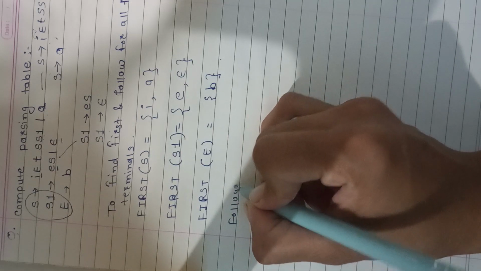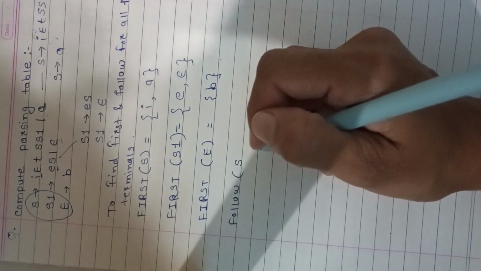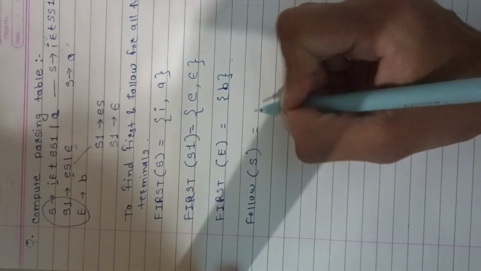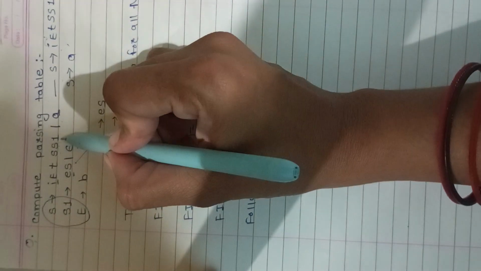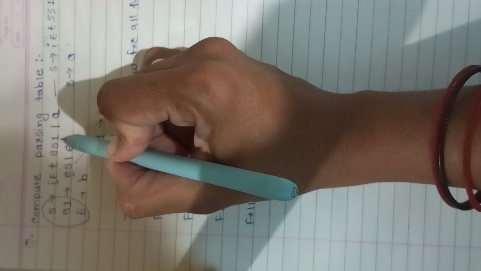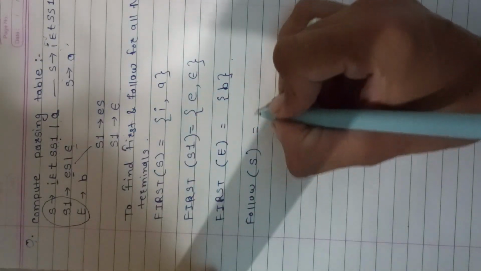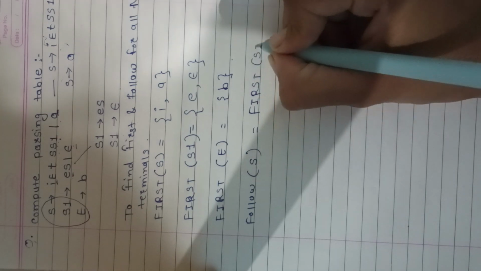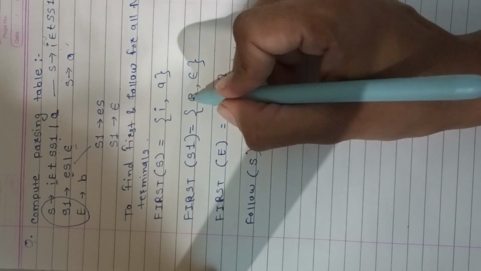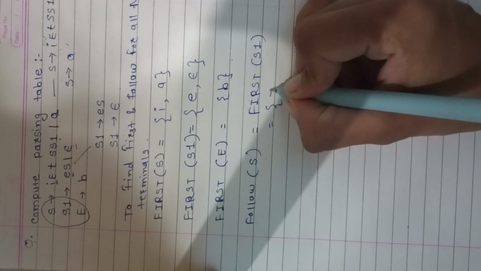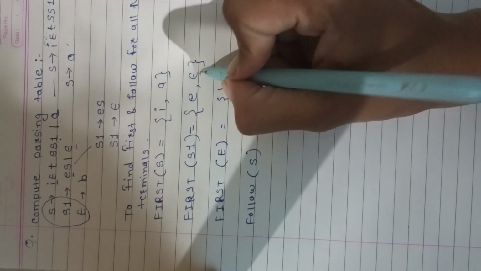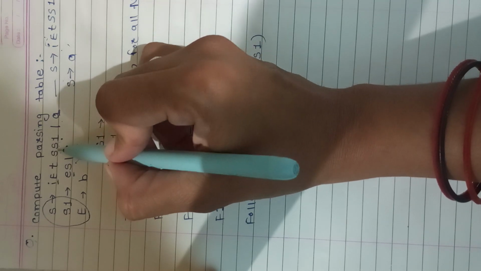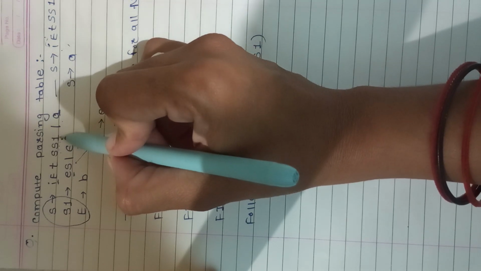Then follow of S. What is the follow of S? Follow of S is the first of S1. First of S1 is e, and instead of epsilon we can put the follow of S here, since S1 tends to epsilon.